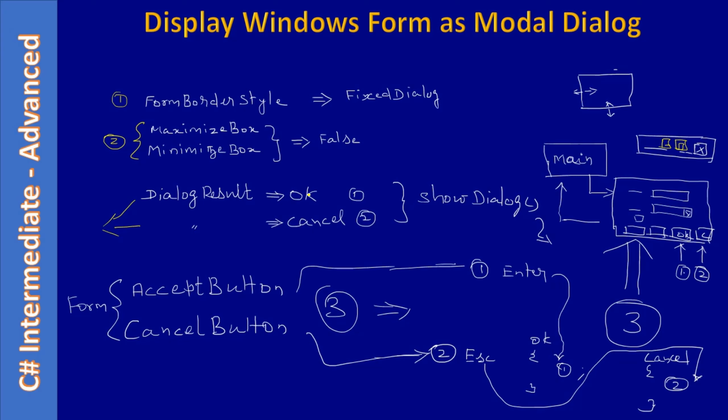For example, here I set OK and cancel, so the dialog result will receive a constant for OK and cancel based on these two properties. You can also set yes, no, cancel, abort, retry, all those also. You will see that once we go to the demo. Then for the form we set the accept and cancel button options to turn it into a modal dialog.